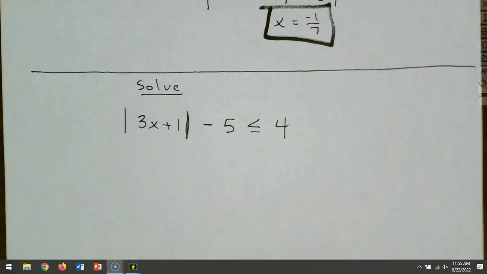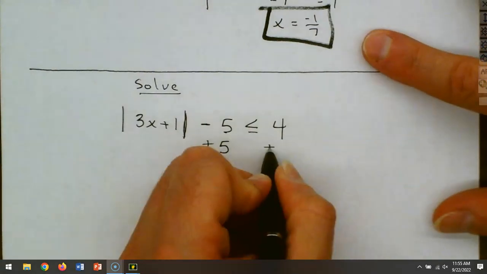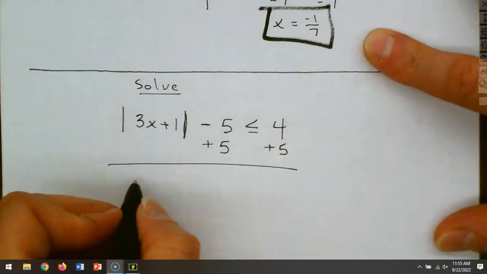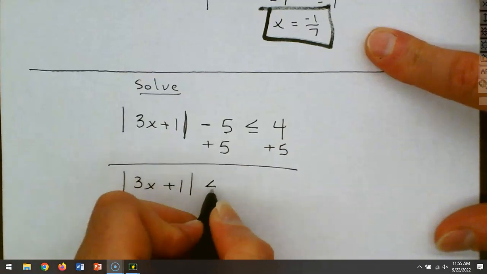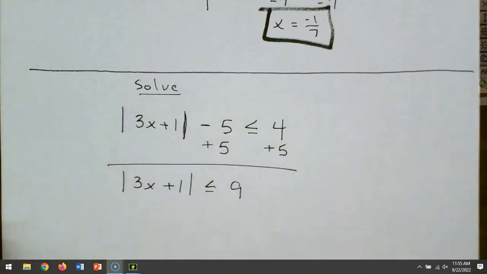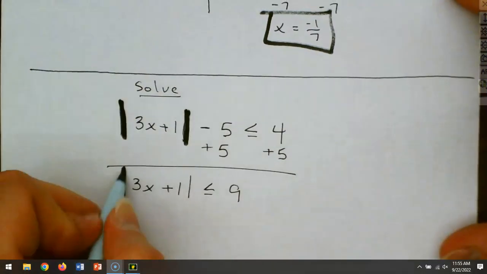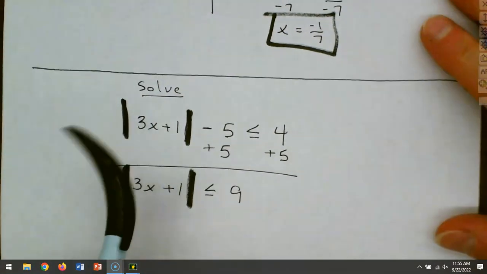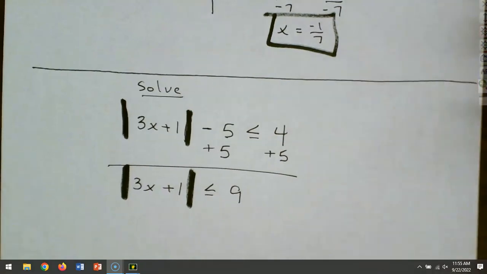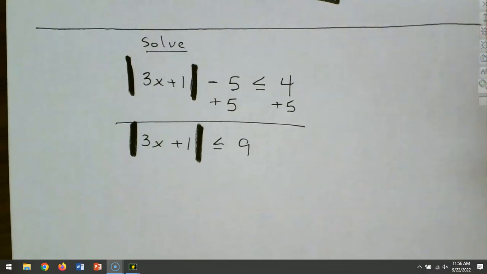So I'm going to go ahead now and add that 5. I'm going to make sure we know these are absolute value bars. So I always like to make them dark. You can do whatever you would like, but I always make sure I know these are absolute value bars. It's so easy to think that's a 13, so I make the bars larger. So I move that 5 over. Now we can begin work.